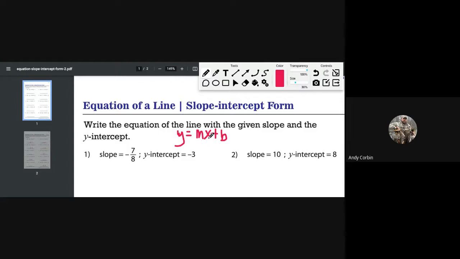The y and the x will always be in the same spot for the line, but we can come up with a unique equation if we just replace the slope and the y-intercept. So it's unique. You're just going to put in the slope, and you're going to put in the y-intercept right there. Okay? So everybody do that for 1 and 2. I'm going to click off so I can do the attendance, and I will get right back with you. Okay?